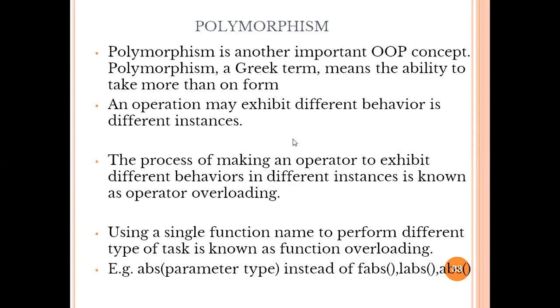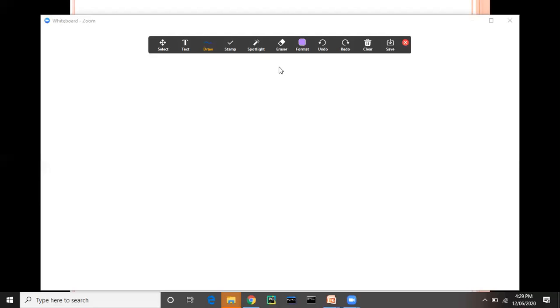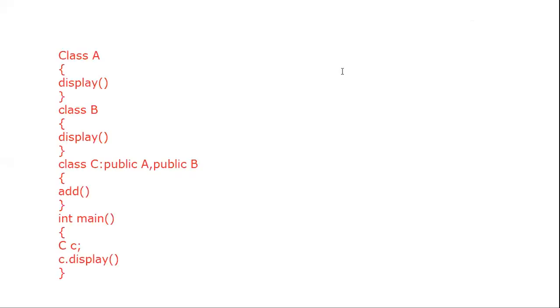So polymorphism is related with two different parts. I will write here. Polymorphism is basically related with functions. It's called function overloading, and the second one is called operator overloading.